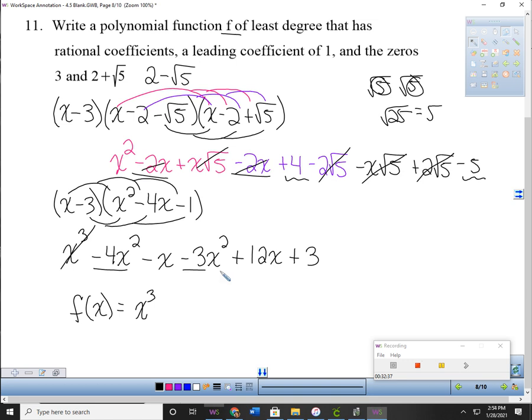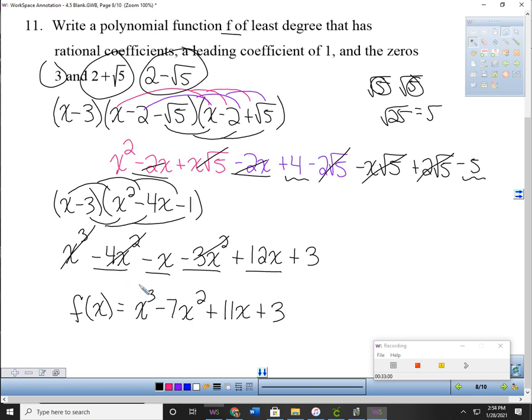Negative 4x squared and negative 3x squared make negative 7x squared. And negative 1x and positive 12x make positive 11x. And then I have the plus 3. See, I have all rational coefficients, a 1 in the front, and I had 1, 2, 3 zeros, and that's the degree.